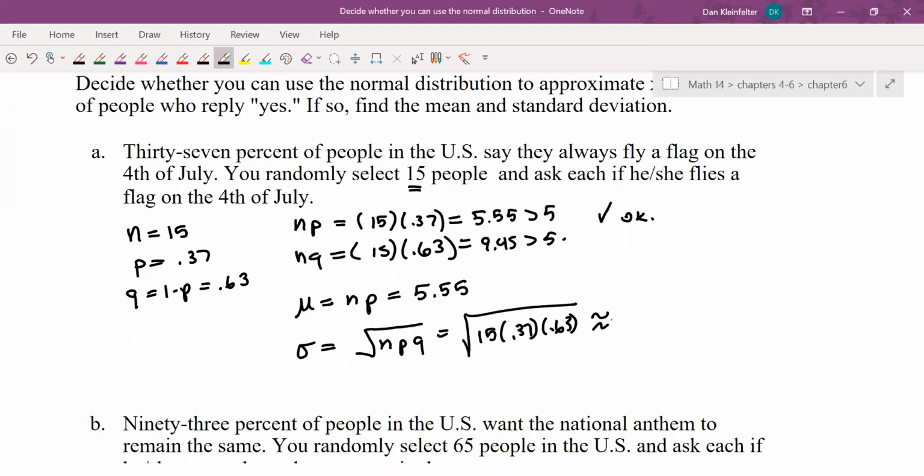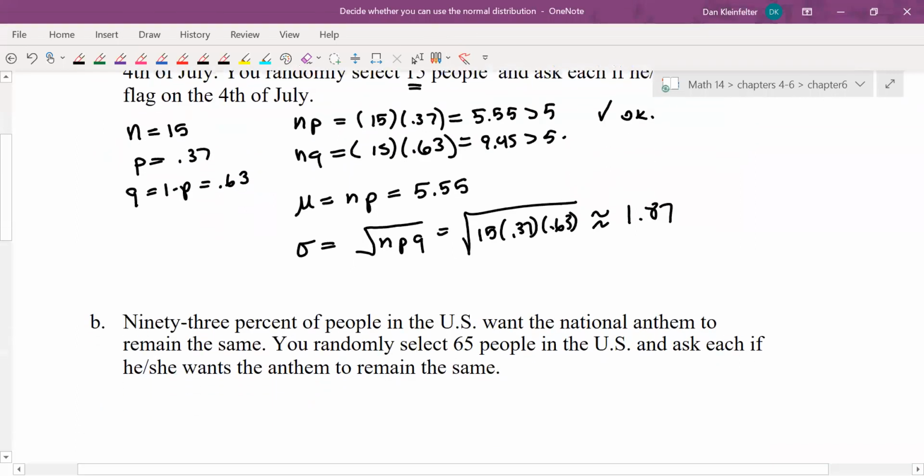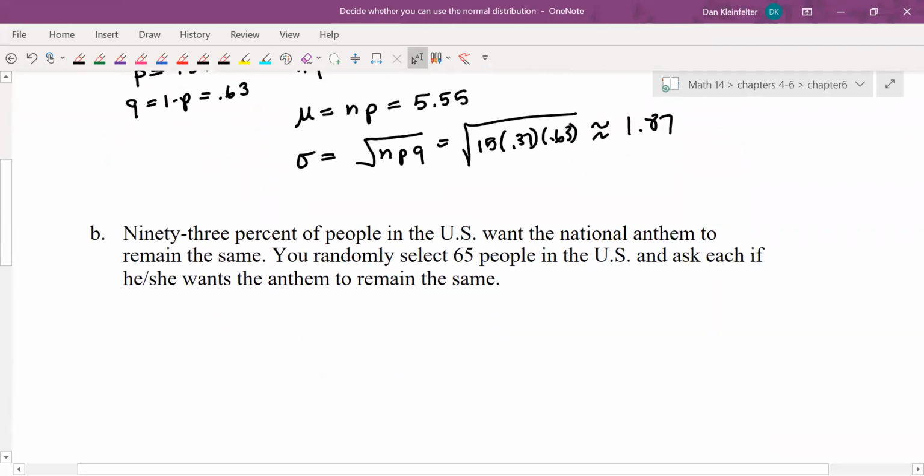That's about 1.87 for the standard deviation. So we first check to make sure that np and nq are both bigger than 5. That's what justifies our usage of the normal distribution to approximate the binomial. And then we calculate the mean and standard deviation.